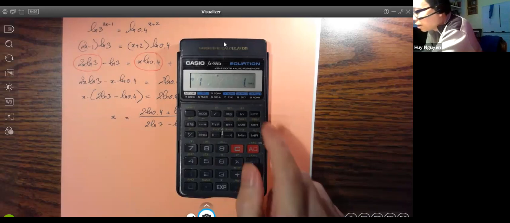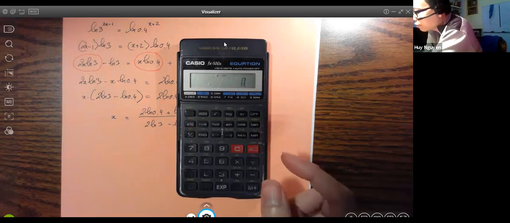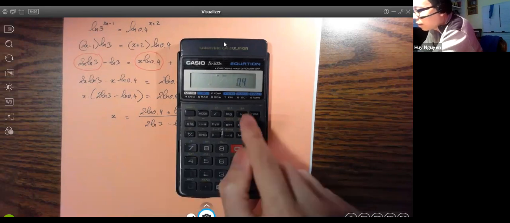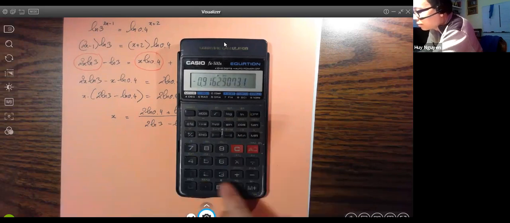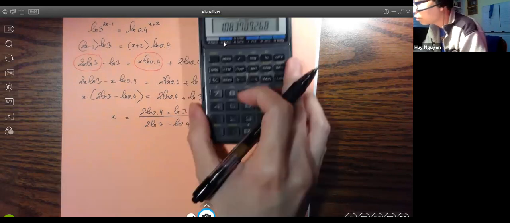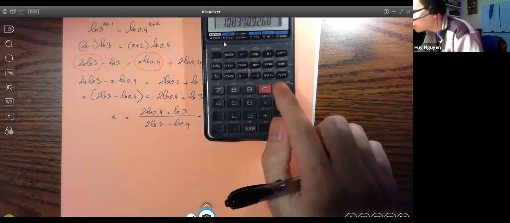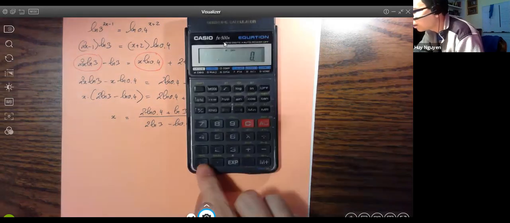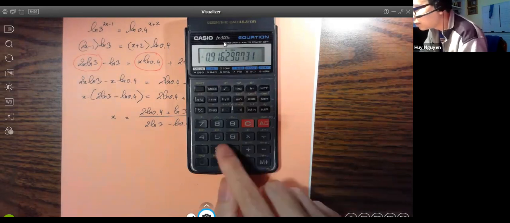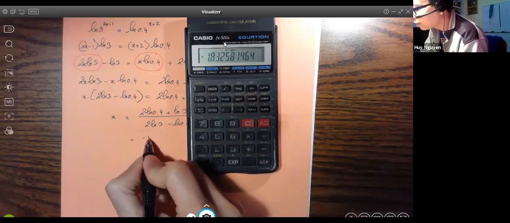Then you have to convert to a decimal number. So I'm going to do 2ln.4, so I put 0.4 and click ln, multiply by 2, which gives you negative 1.83.